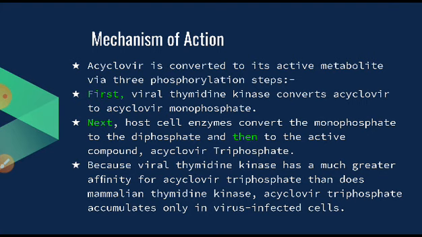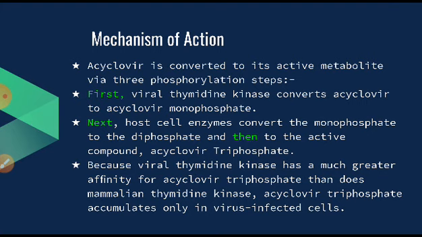Number 1, viral thymidine kinase converts acyclovir to acyclovir monophosphate. Who is converting? Viral thymidine kinase, which is present in the virus, not in the host, right? So the viral thymidine kinase converts acyclovir to acyclovir monophosphate.